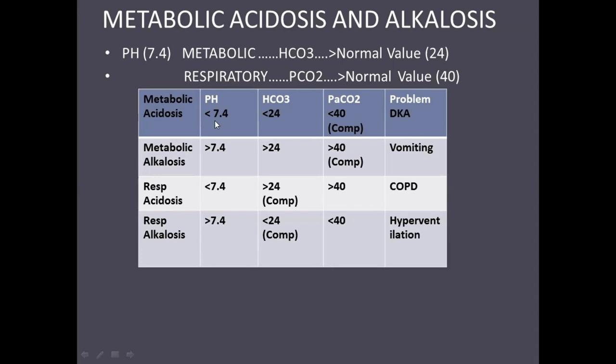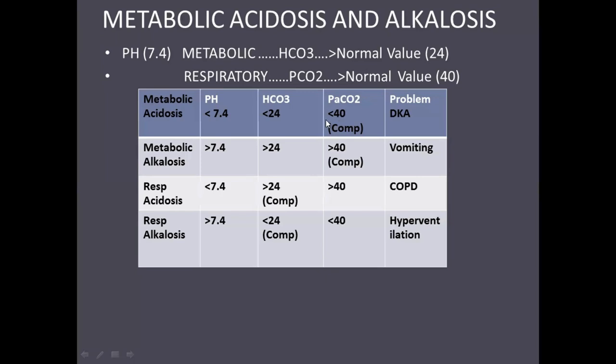So whenever you see that the pH is decreased, always check whether the bicarbonate is low or not. If the bicarbonate is low, always go for the case of metabolic acidosis. What will happen is that whenever the body has an acidotic condition, it will try to hyperventilate in order to release that excess carbon dioxide from the body.